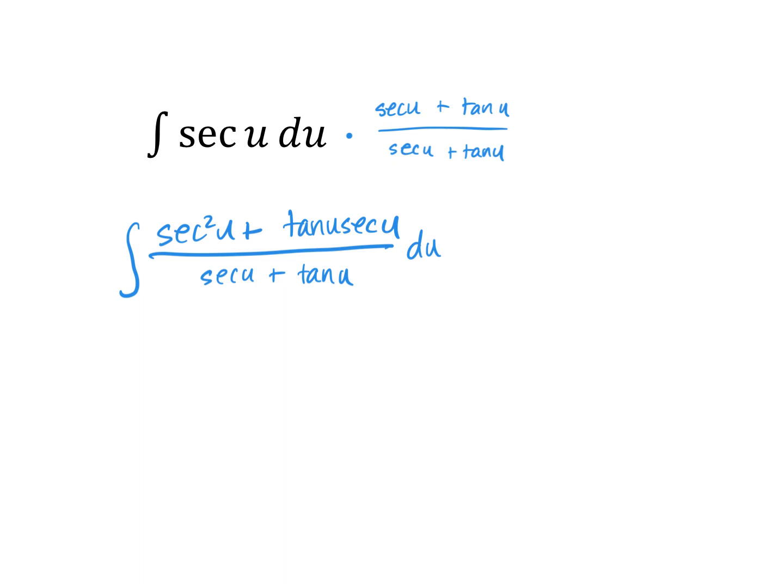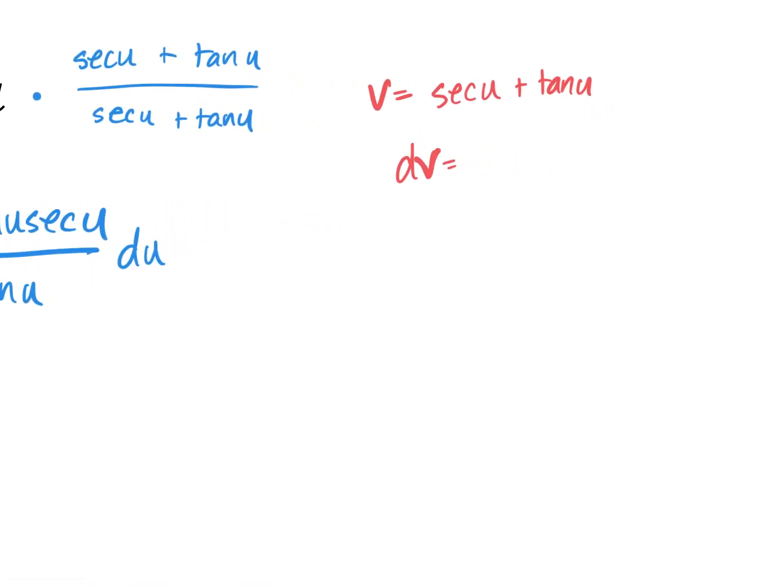So let's say v, or any variable of substitution you want to use, I'm choosing v, is secant u plus tangent u. What would dv be? Well, the derivative of secant u is secant u tangent u, plus the derivative of tangent u is secant squared u, du.